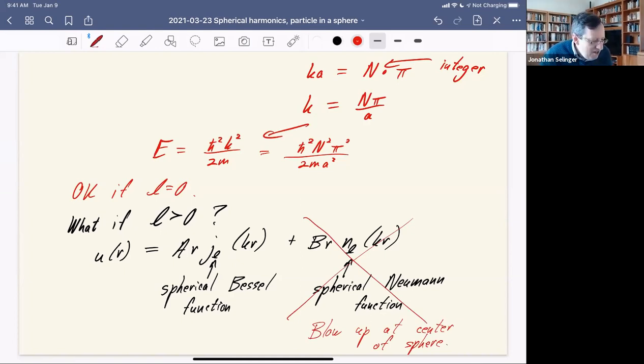Okay? And luckily, Mathematica knows stuff about spherical Bessel functions. It's built into Mathematica. So let's switch back to Mathematica, and I will show you what a spherical Bessel function looks like. Okay, so we gotta stop the sharing and switch.